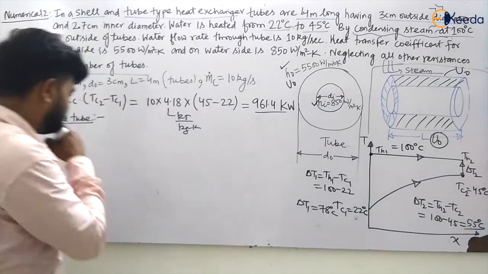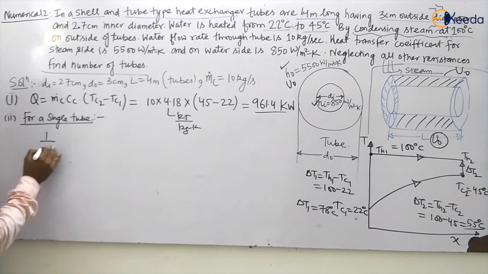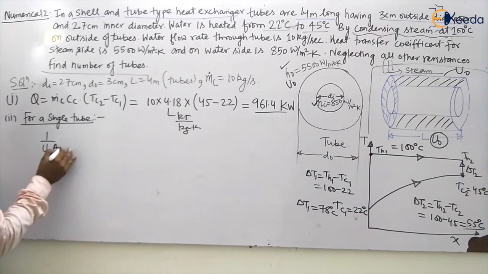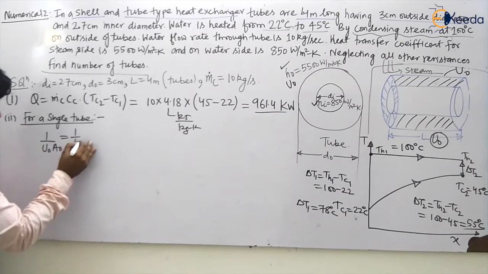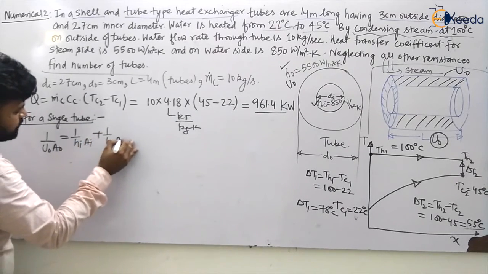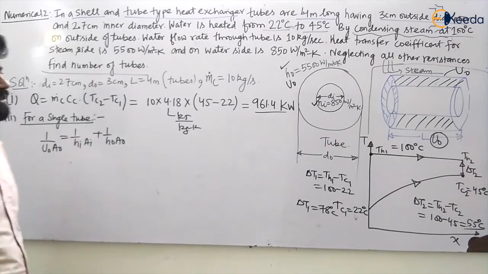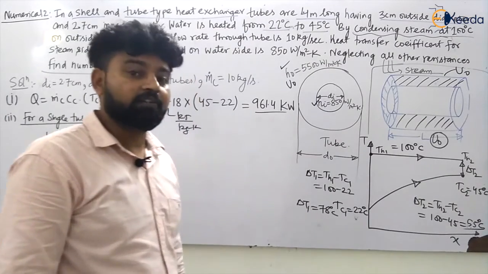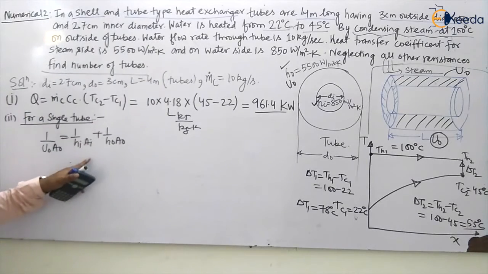So this will be given by 1 upon U naught A naught is equal to 1 upon Hi Ai plus 1 upon H naught A naught, my dear students, because in this analysis we have neglected the conductive resistance. So I will take only up to this.